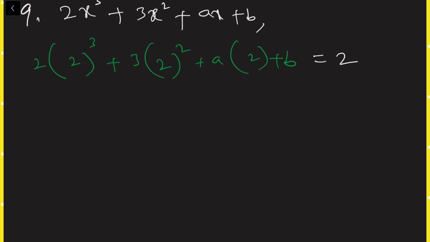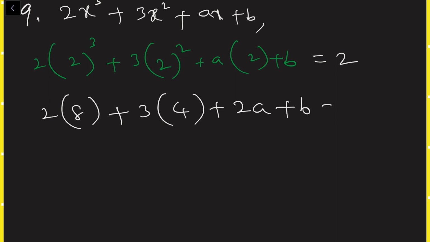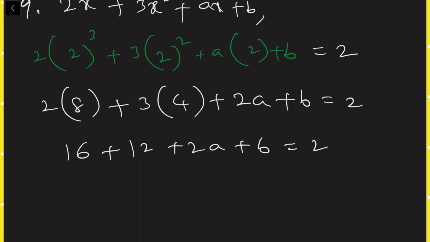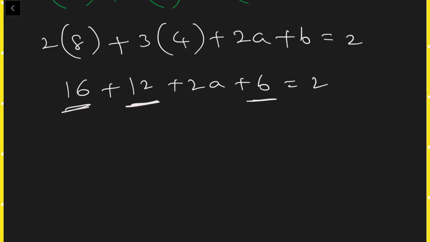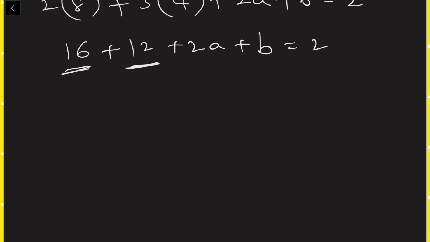Let us simplify now. 2 times 2 cube 8, plus 3 times 2 square 4, plus a into 2, 2a, plus b equals 2. 2 8s are 16, plus 3 4s are 12, plus 2a plus b equals 2. 16 plus 12 is 28, plus 2a plus b equals 2.